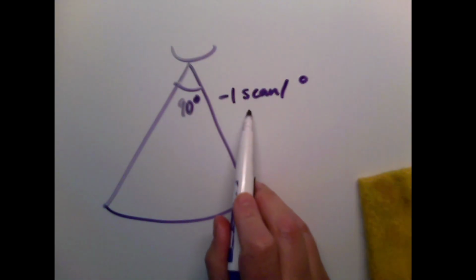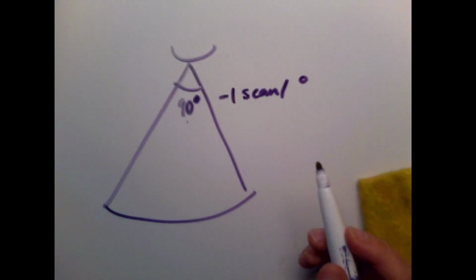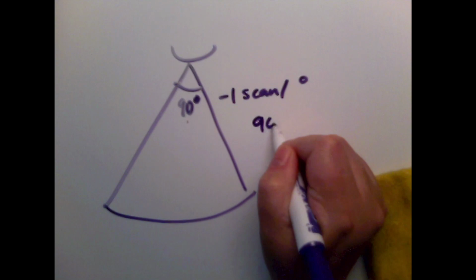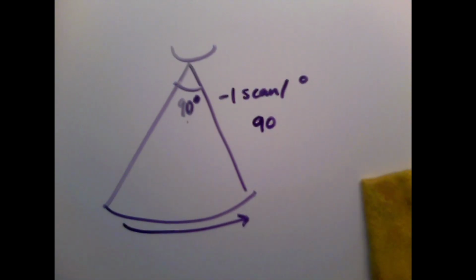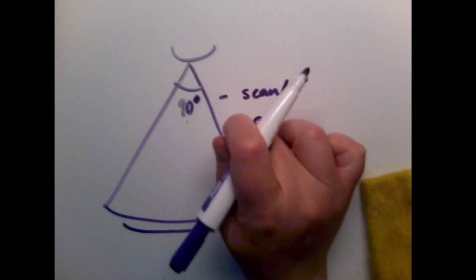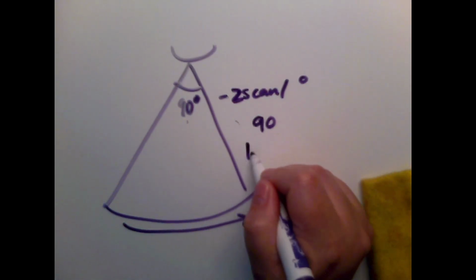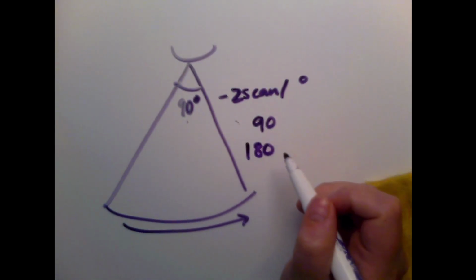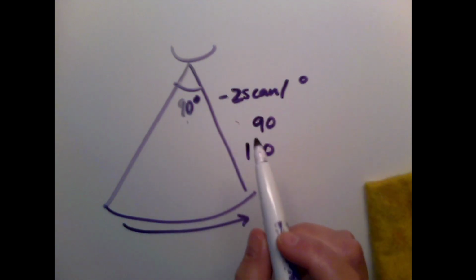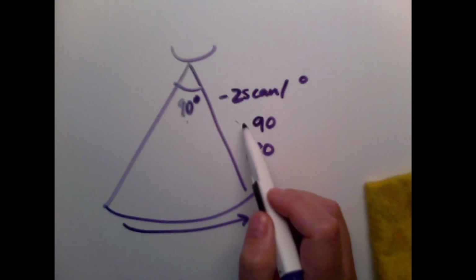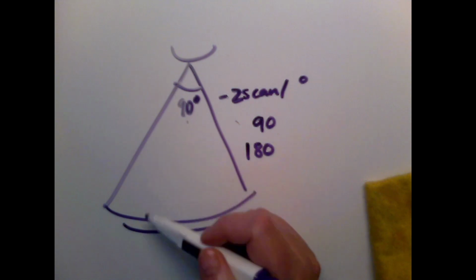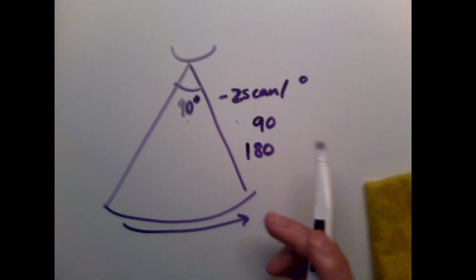So if there's one scan line per degree of this 90-degree sector, that means that there are 90 scan lines to create this image. If it was 2 scan lines per degree, then it would be 180. Okay, so this just sets it up for how many scan lines, what is the density of this image.